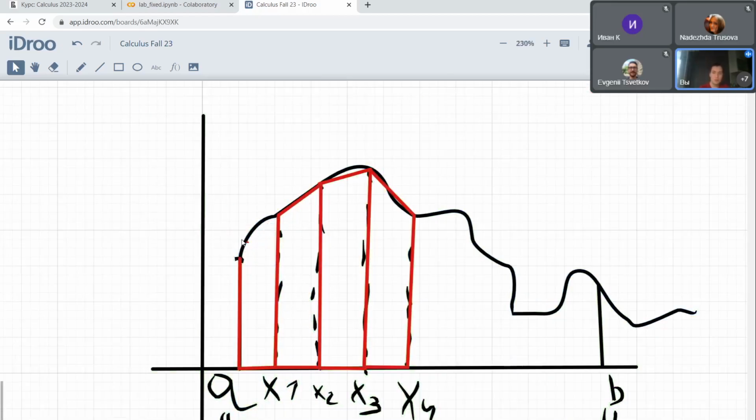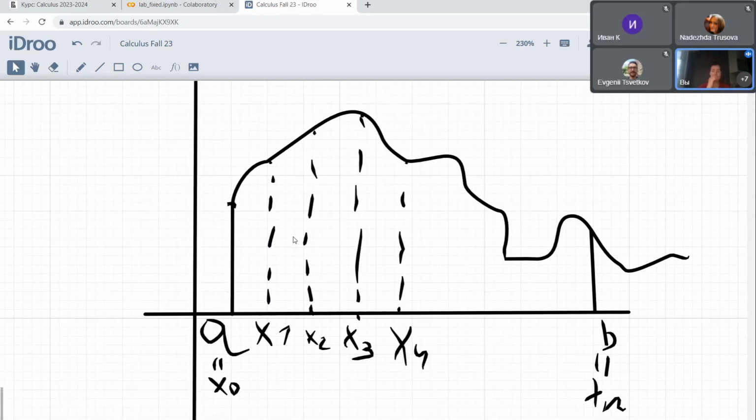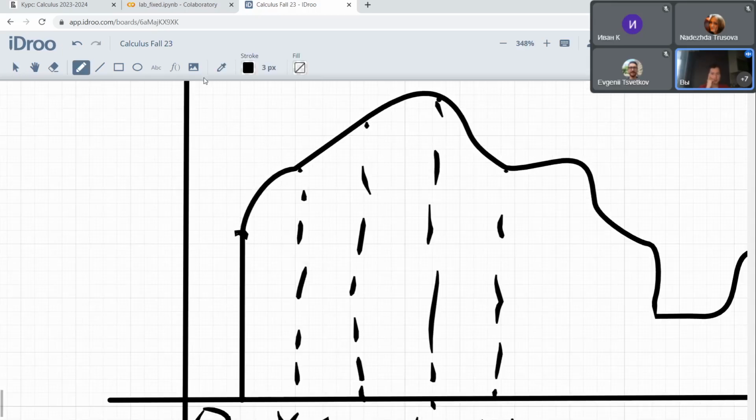But we can do the following thing. We can try to build a parabola that passes through three points.